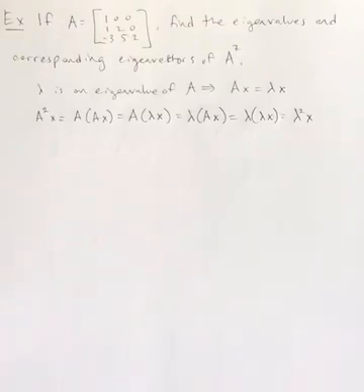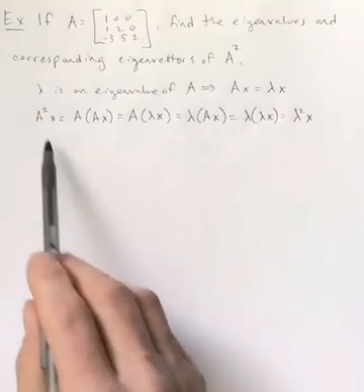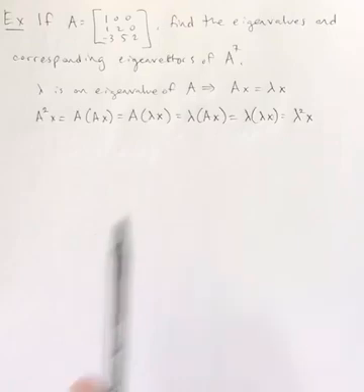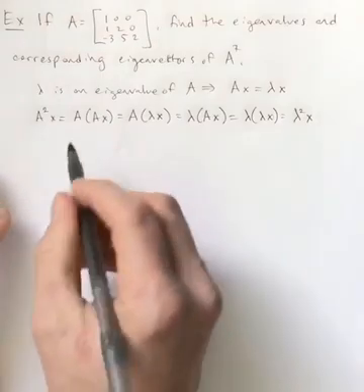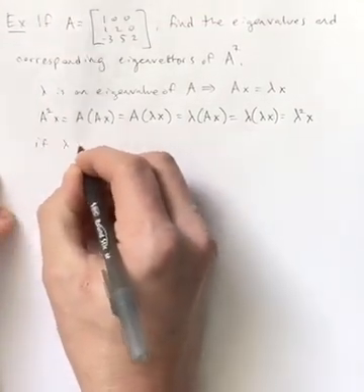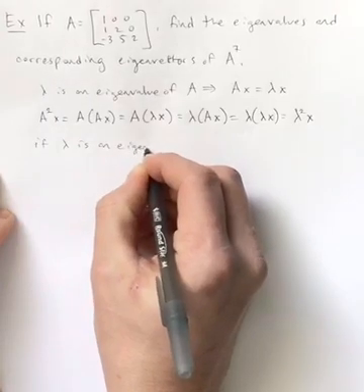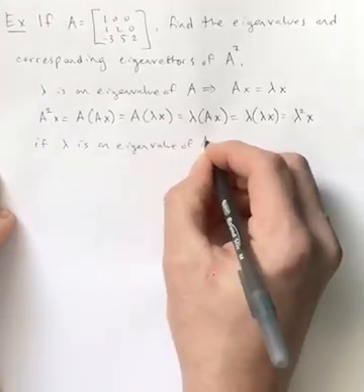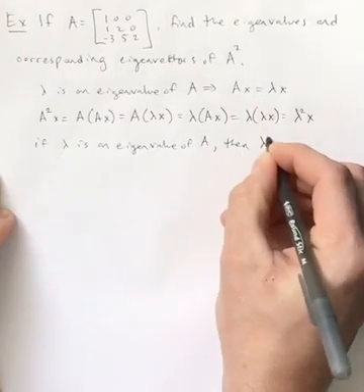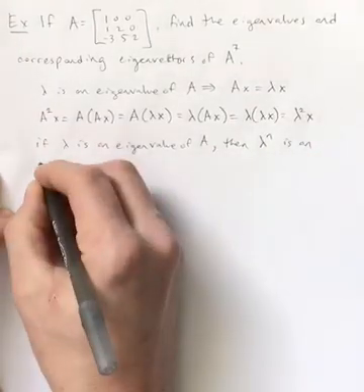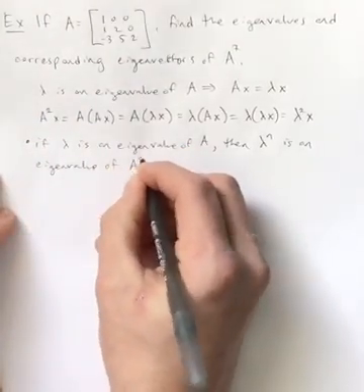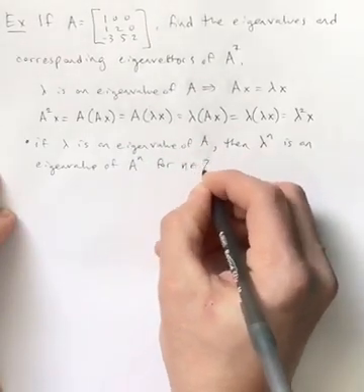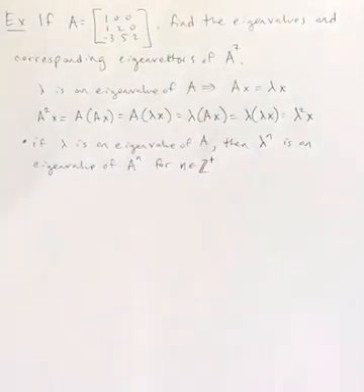Well, you could prove this by induction or some other technique, but essentially A to whatever power you want would have to be lambda to that power times X. So in other words, if lambda is an eigenvalue of A, then we could say that lambda to the n is an eigenvalue of A to the n for some positive integer n.